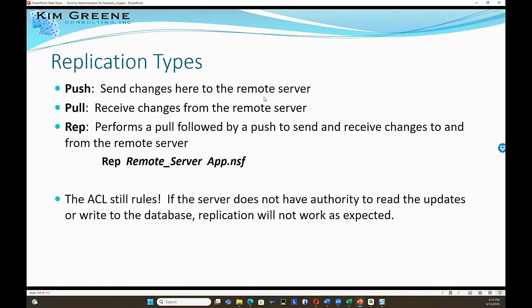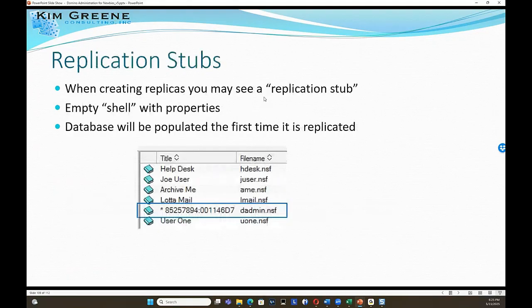When that database replicates, the data can't replicate over to the other servers if the servers don't have access to it. So that ACL will always rule. Make sure that whatever servers you are replicating to have proper access to the data in the databases.